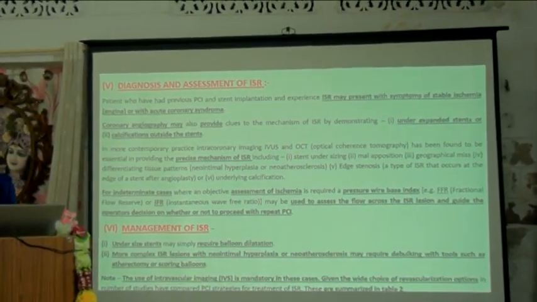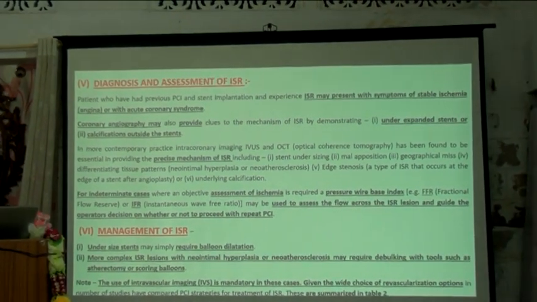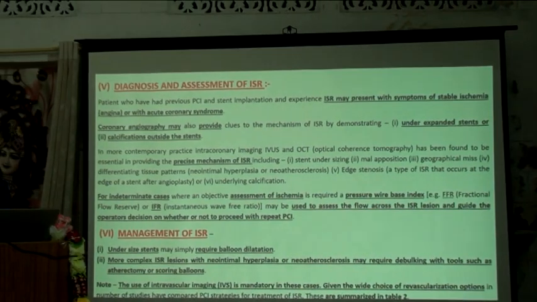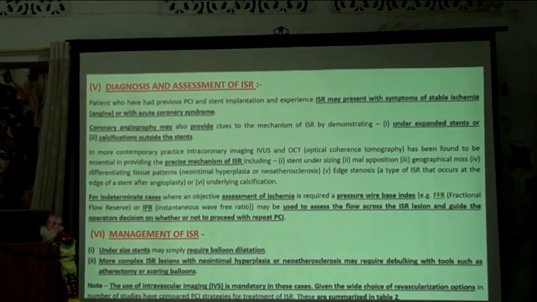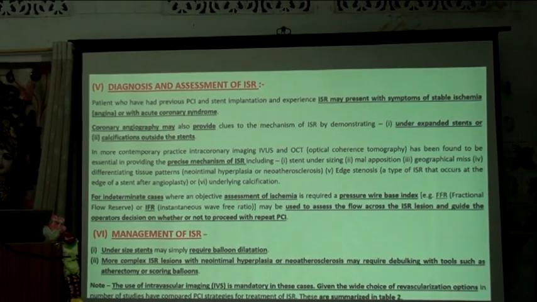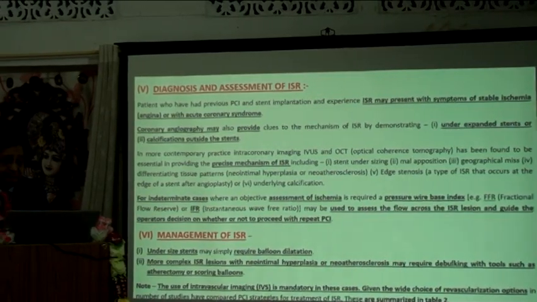Now we are going to diagnosis and assessment of ISR. Patients who have had previous PCI and stent implantation and experience ISR may present with symptoms of stable ischemia, that is angina, or with acute coronary syndrome.